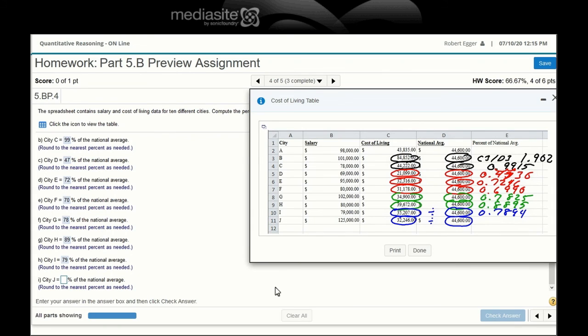So 32,246 divided by 44,600. 0.7230, 72%.